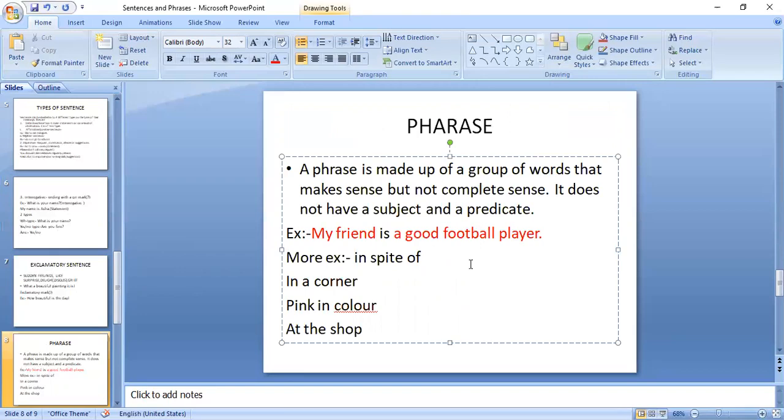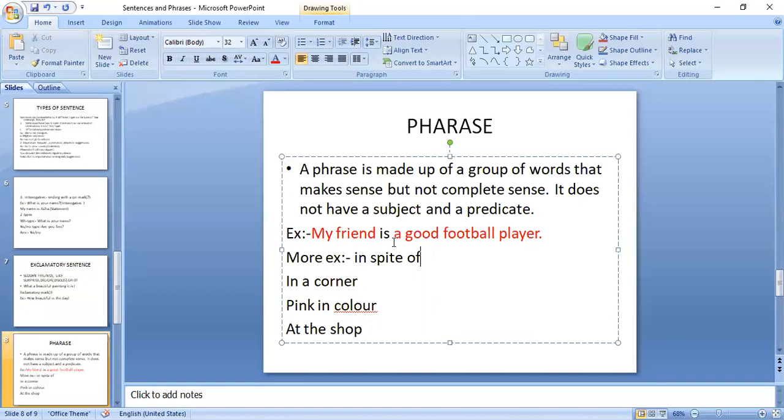It does not have a subject and a predicate. A phrase is also a group of words, but a sentence can give a complete sense, while a phrase will not give a complete sense. We can say that a phrase is a part of a sentence.